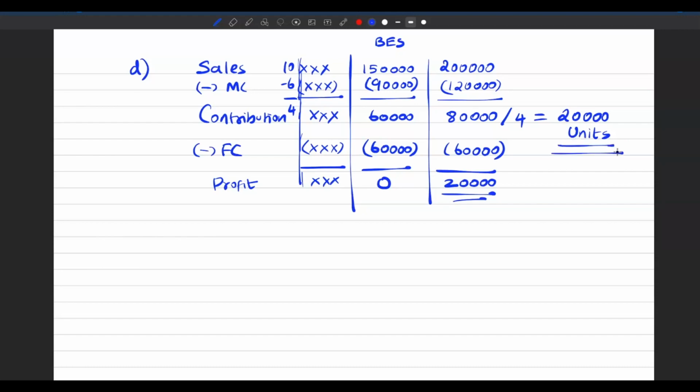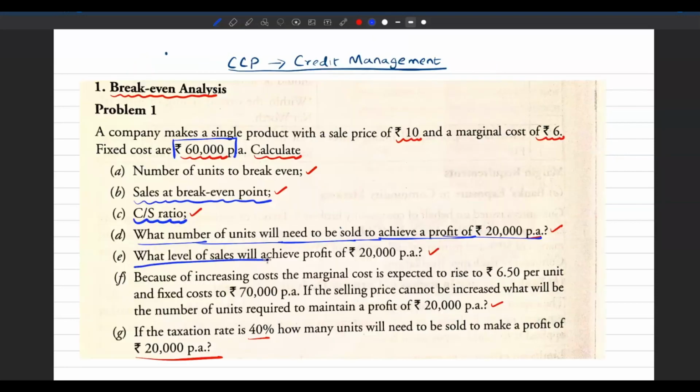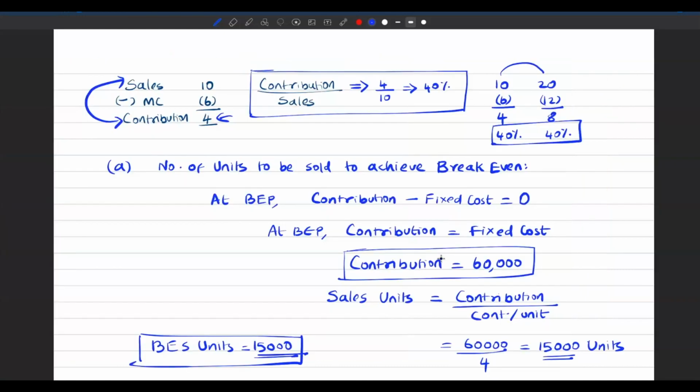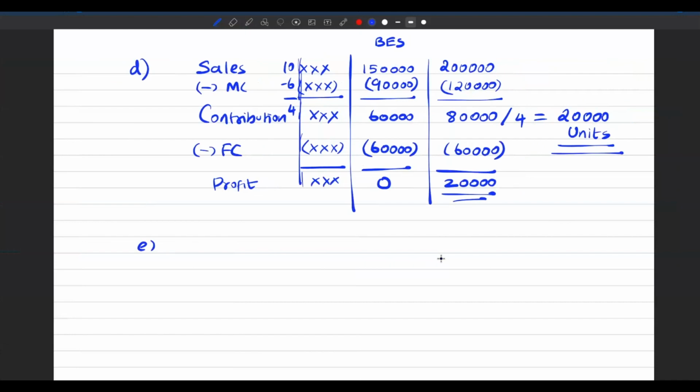Okay. Next, question E. What level of sales will achieve a profit of 20,000 per annum? Okay, this is what we answered in D, but we answered it in terms of units. Now let's express that in terms of value.